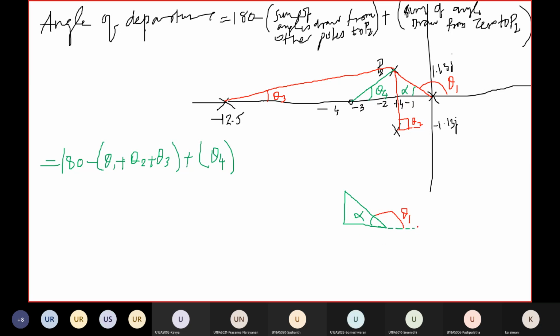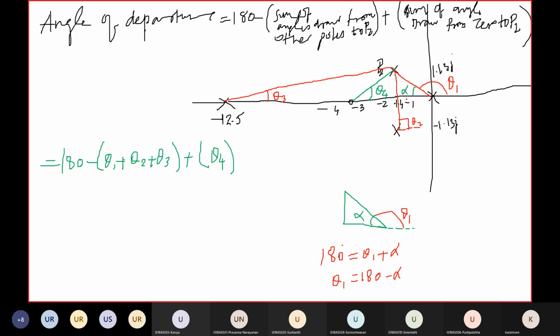If you add, 180 degrees equals theta 1 plus alpha. If you want theta 1, then we get 180 degrees minus alpha. So how can we find alpha?